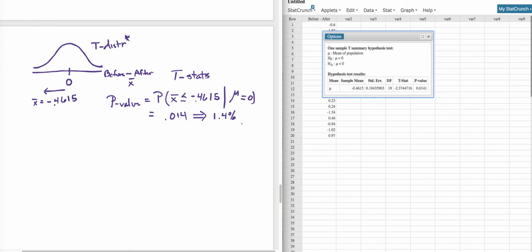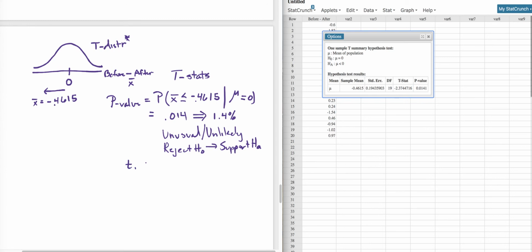So this is below our general 5% threshold. This is telling us that we have an unusual and unlikely occurrence. This is going to make us then want to reject our null hypothesis and support our alternate hypothesis, HA.